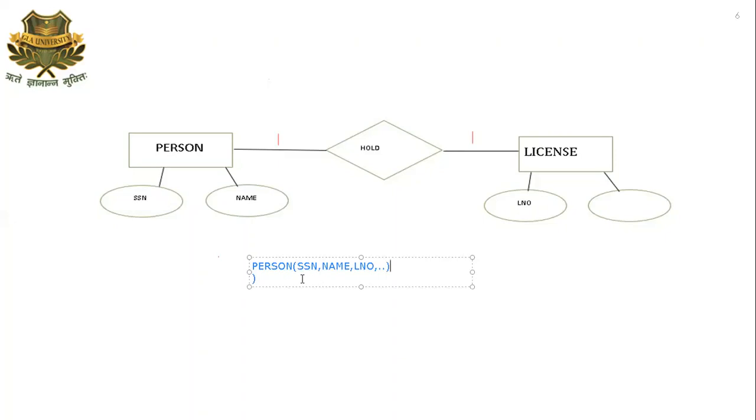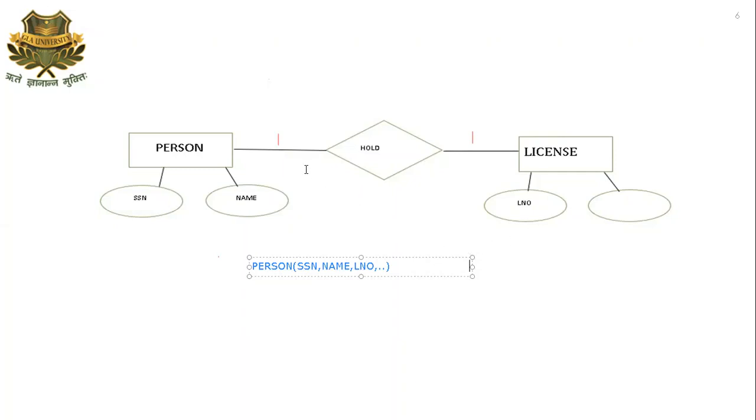You can do this when a 1:1 relationship is there, because otherwise you could create two tables, person and license. But then how can you correlate them, because person has social security number and name, and license has license number and license authority?